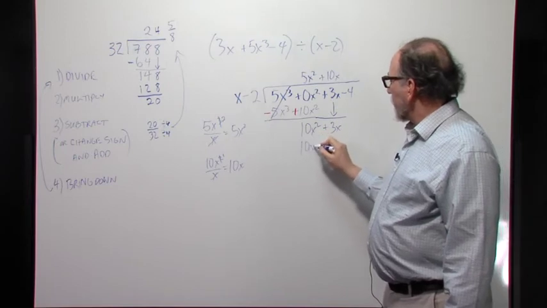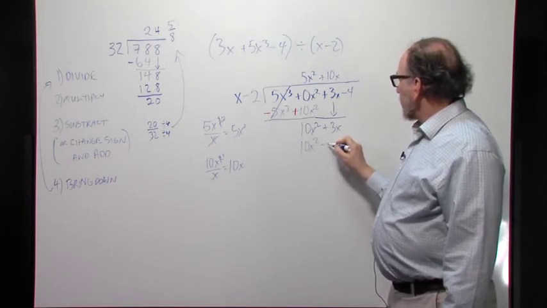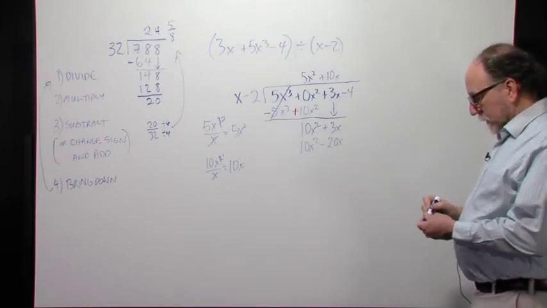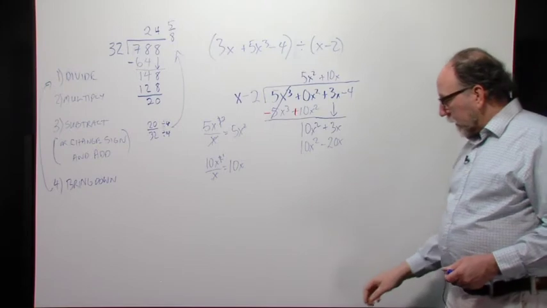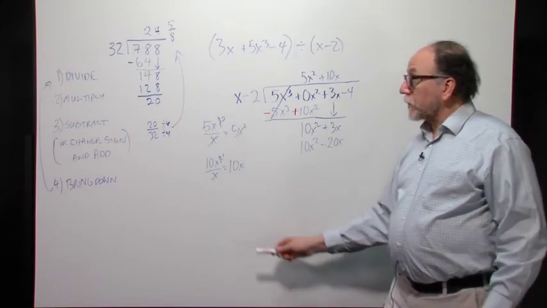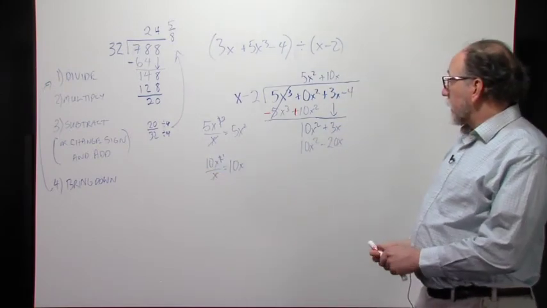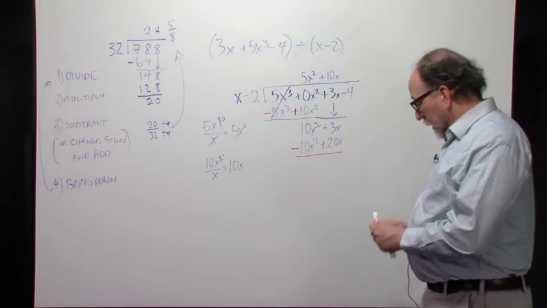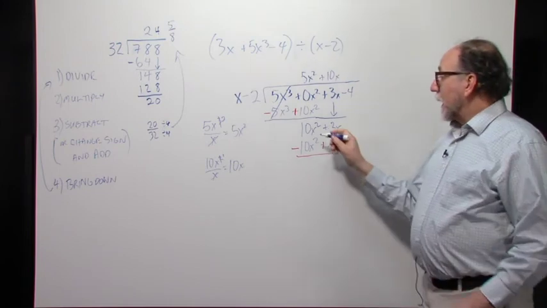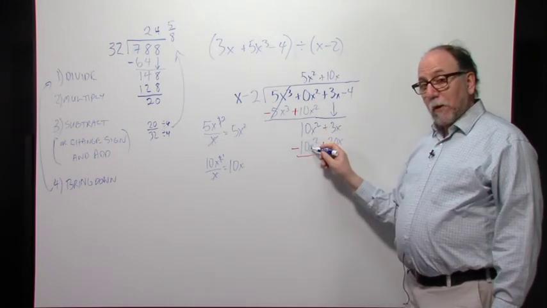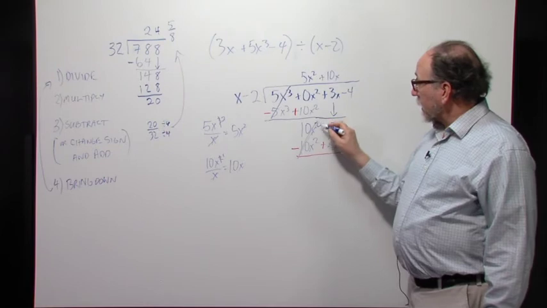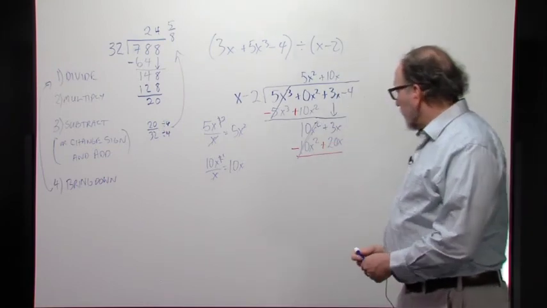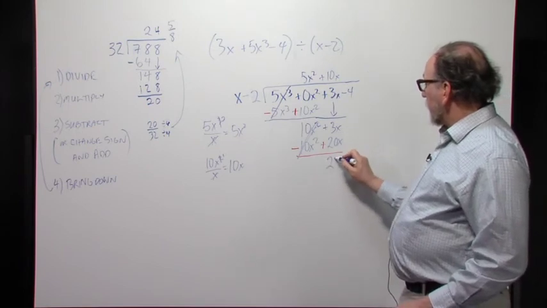We get 10x squared minus 20x. Okay? And then we're going to do the third step, subtract, by changing the signs and adding those terms. Again, these first terms combine to get 0. So that 0 doesn't need to be written down. And 3x plus 20x is 23x.